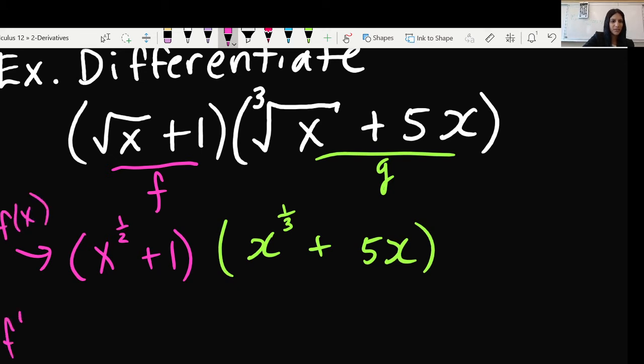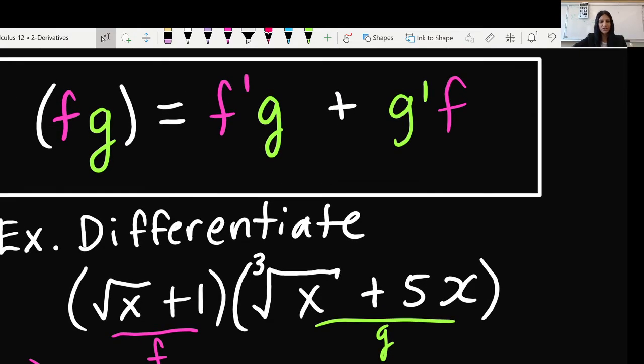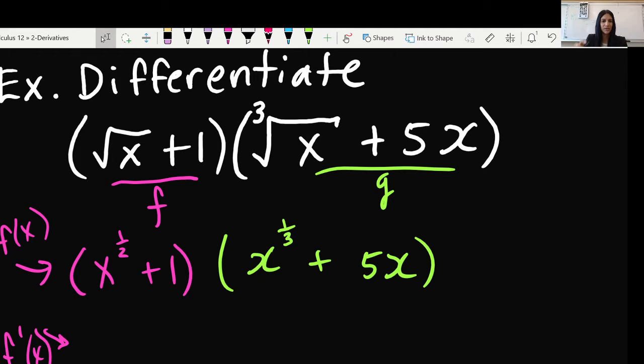Then maybe what I want to do to start off is find what my f prime of x is going to be. I'm not even putting anything together yet. I'm not applying this equation yet. I'm just setting up the groundwork and organizing things to make it easier to work with. I would suggest that you do the same.